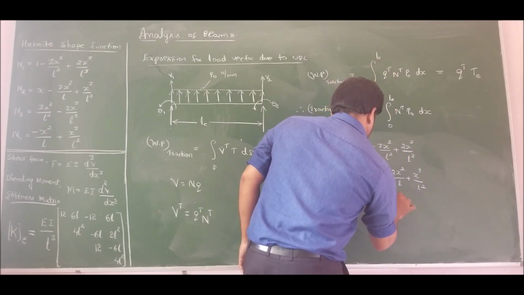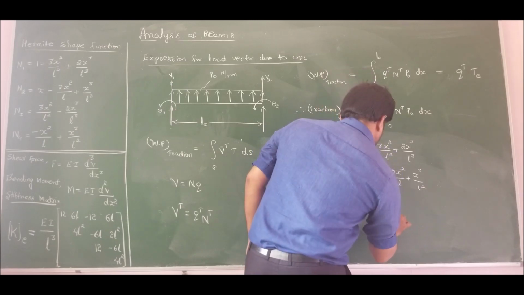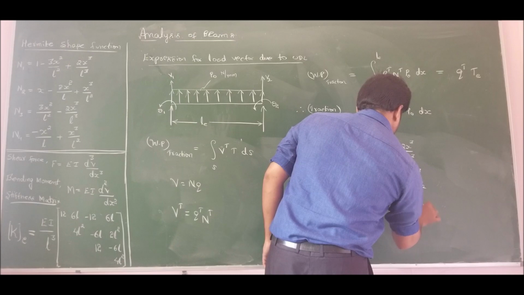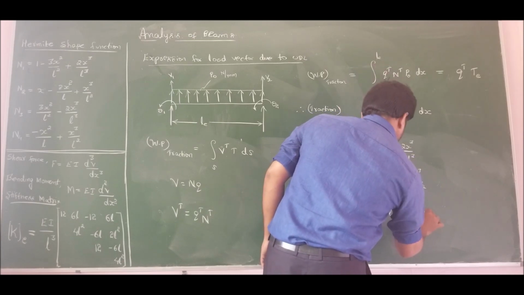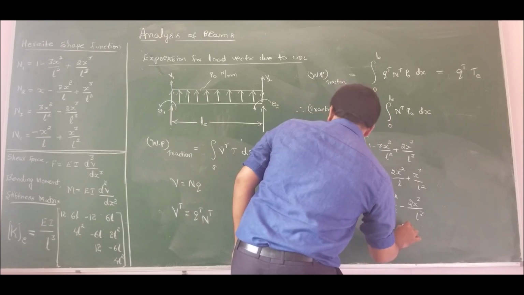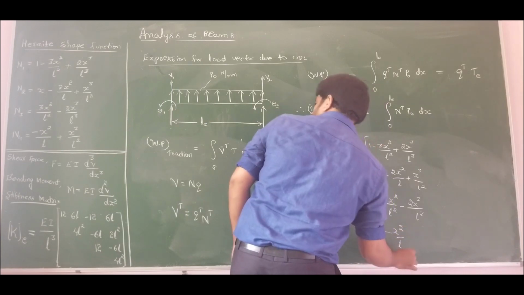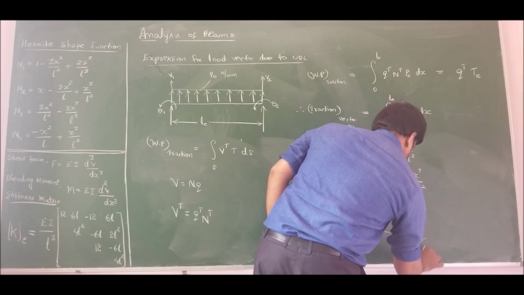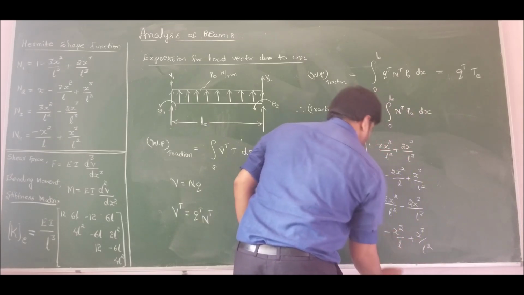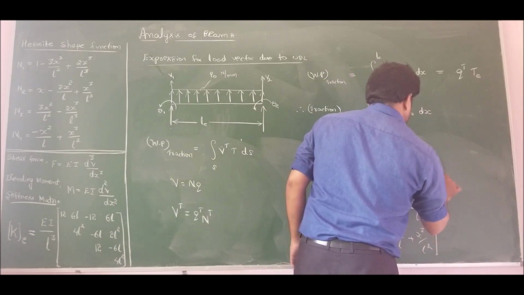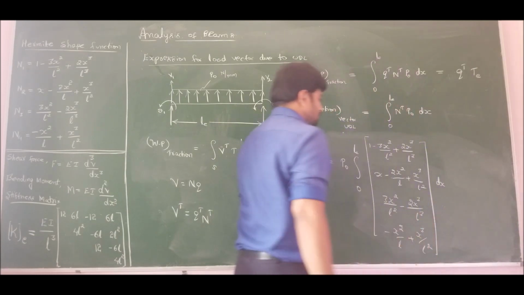N3 is 3x square by L square minus 2x cube by L cube. N4 is minus x square by L plus x cube by L square. I should integrate it with respect to x.